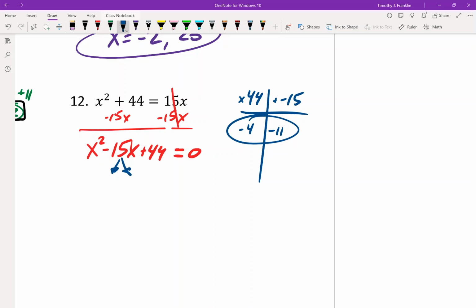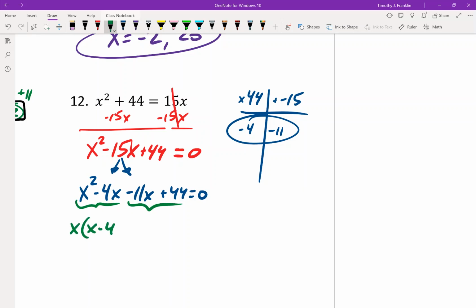So let's split that negative 15 into those numbers. And factor by grouping. So we get x minus 4 over here, take out an x, and we can take out a negative 11 and get x minus 4 as well.